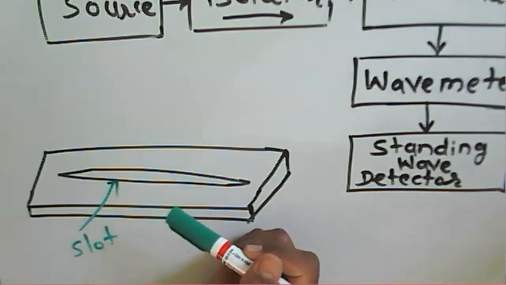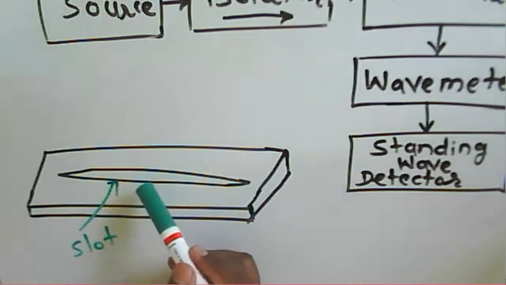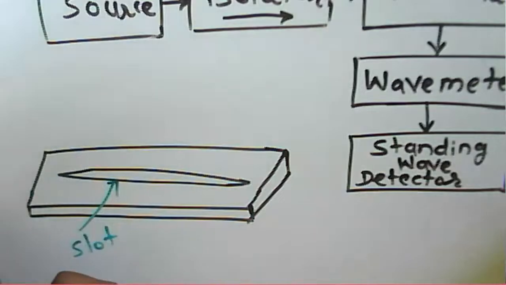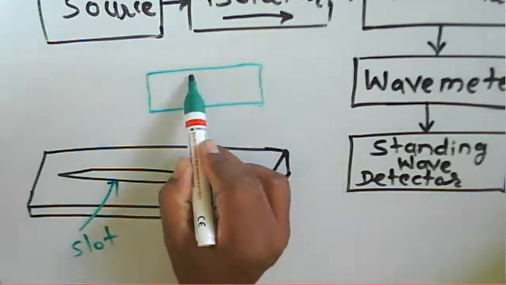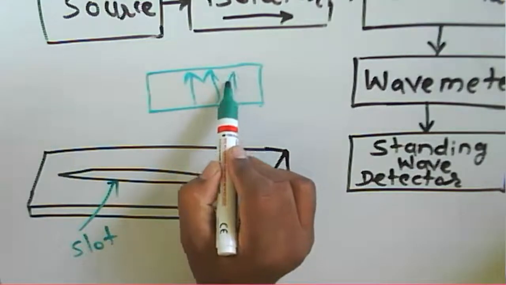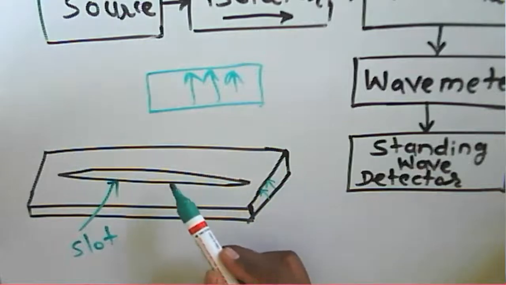Generally we say that the probe is used to measure only the E field. Why the E field? We consider that for a rectangular waveguide, this is the shape, and this one is the E field component.